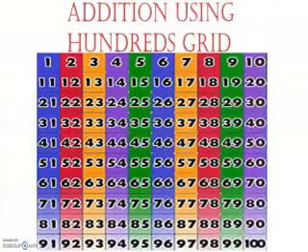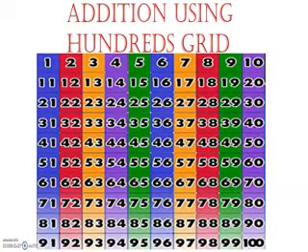Now we are going to learn how to add using a hundreds grid. How to add two numbers in a hundreds grid. This is what we call a hundreds grid. This square consists of numbers 1, 2, 3, etc. till 100, put in a grid like this.